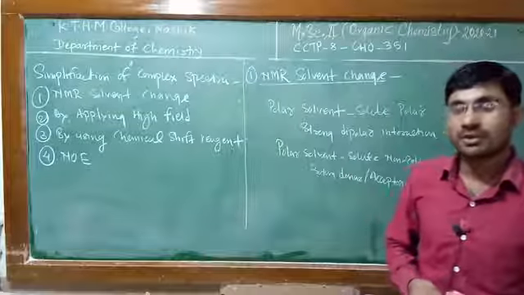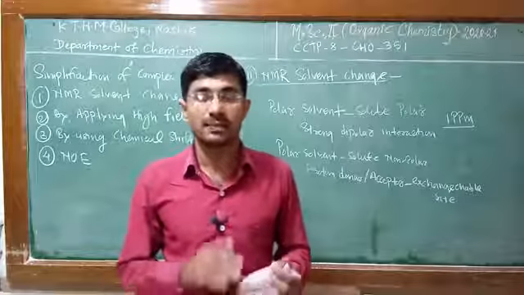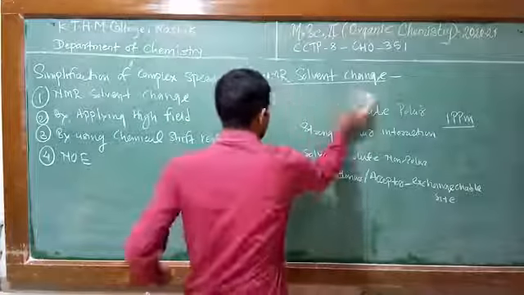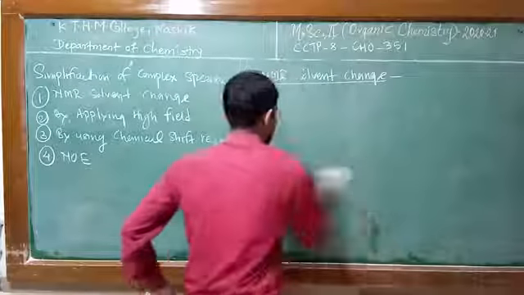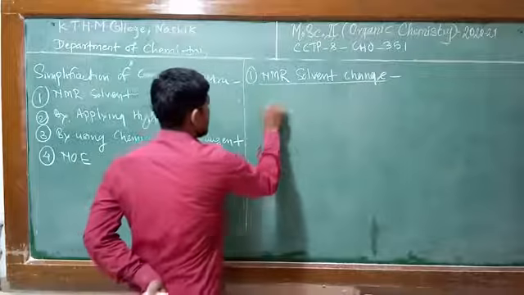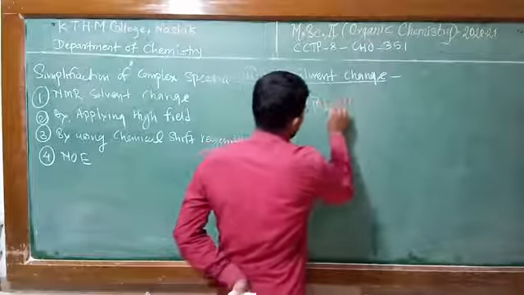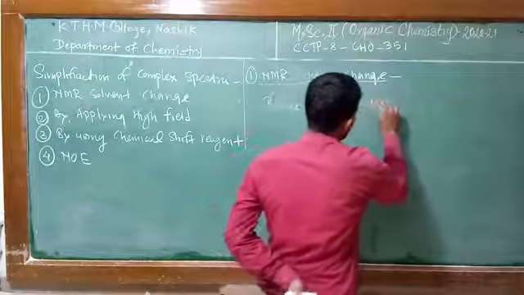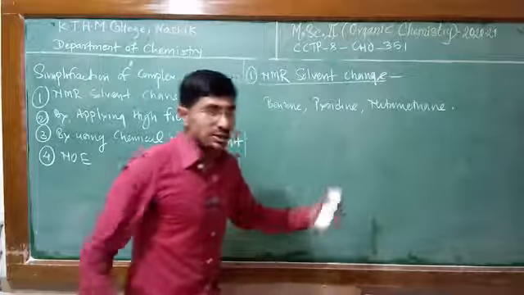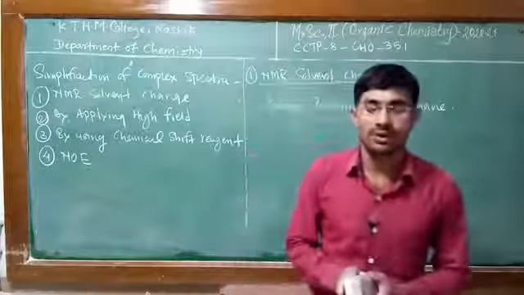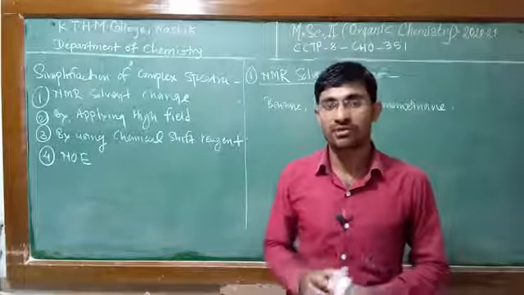Also remember the next point: when you take a solvent like benzene, pyridine, then nitromethane, this solvent has a strong diamagnetic anisotropic effect.